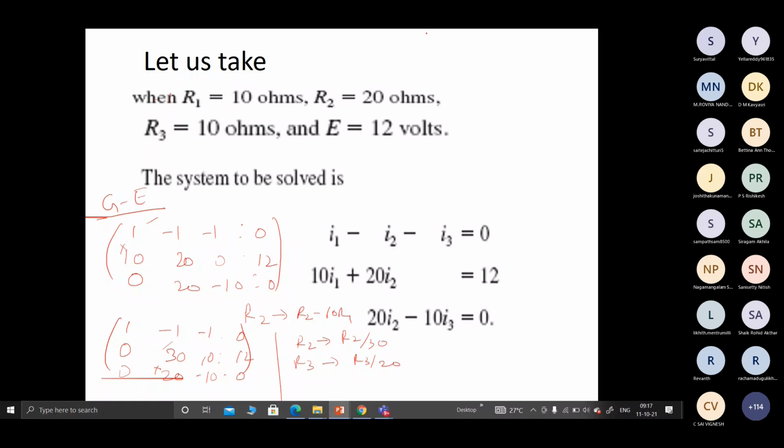So what's the matrix? I'll write here. 1, minus 1, minus 1, 0. 0, 1, 1 by 3, 2 by 5. Yeah, 2 by 5.